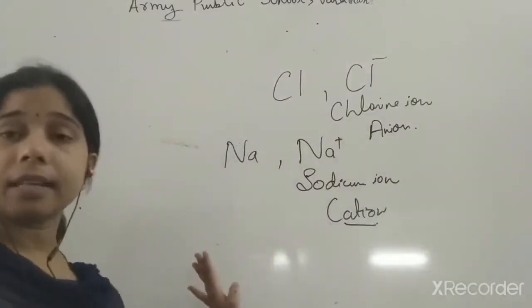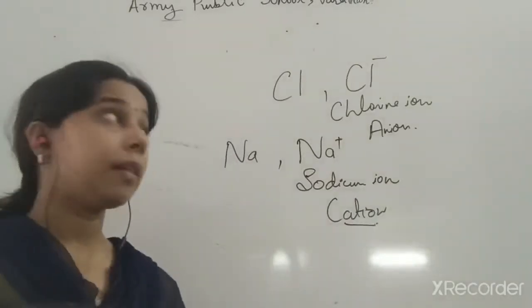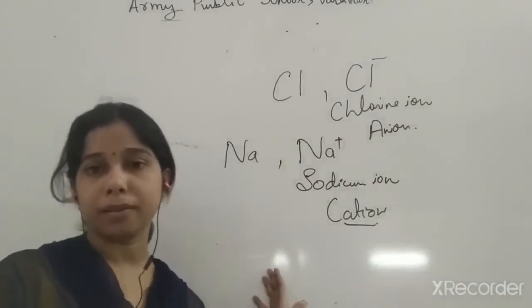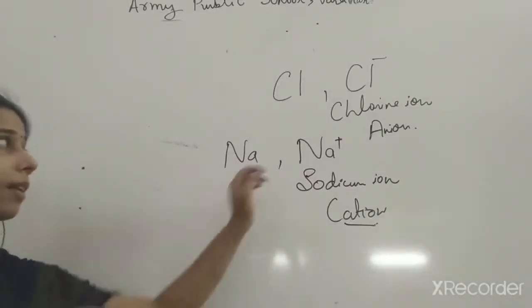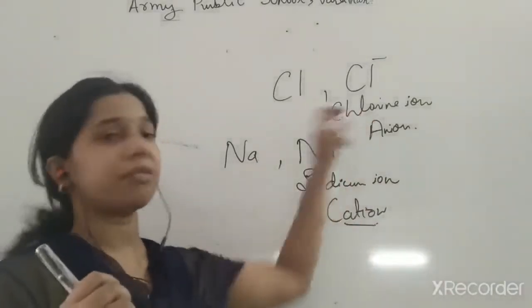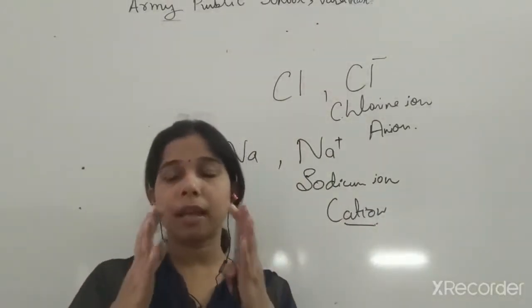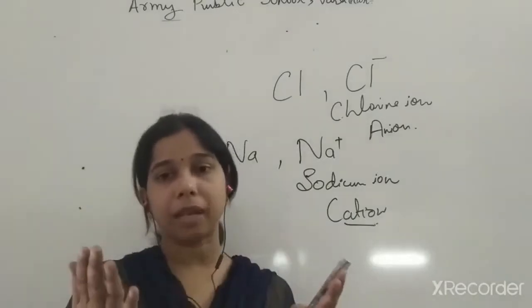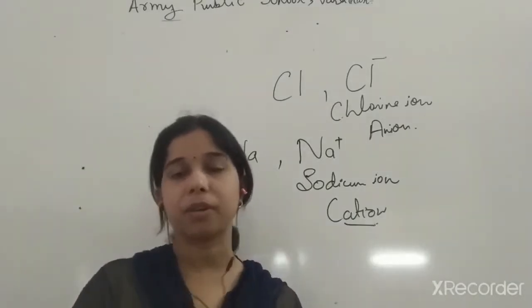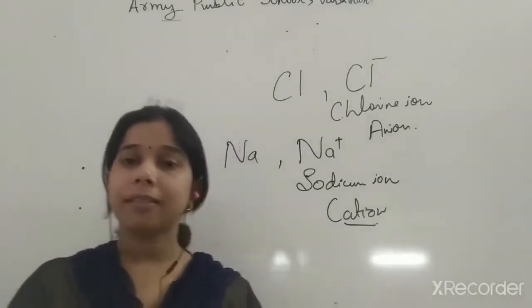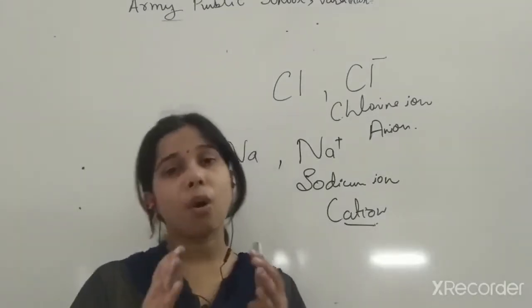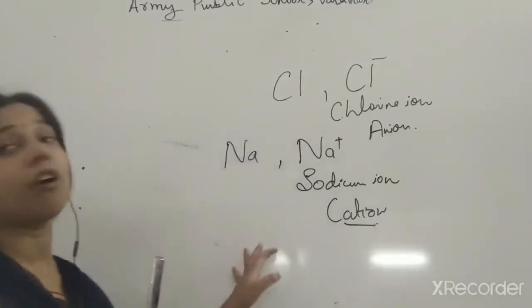Now we will understand how we can name these ions, students. So you see here, this is a cation, students, and this one is the anion. If two or more ions combine together, how can we give the name to that particular compound? Remember one thing, that all the compounds always combine together in the form of ions.